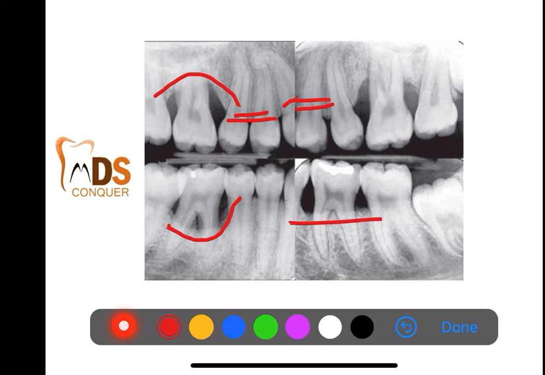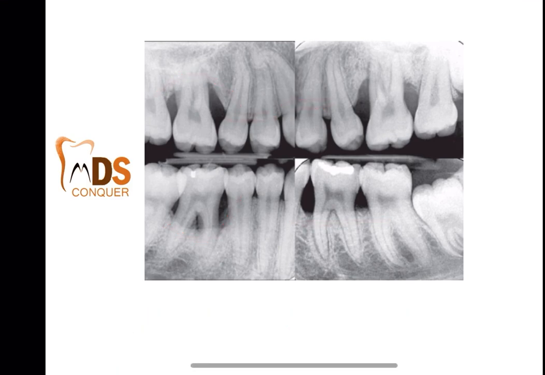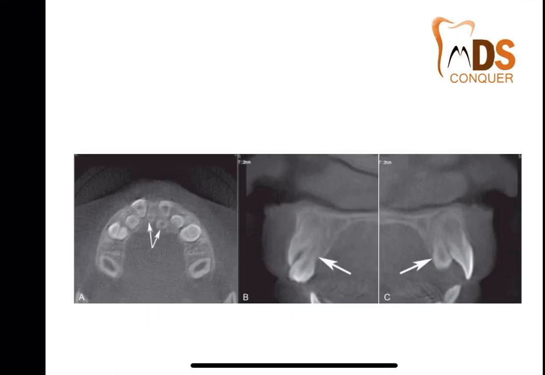Of course, the clinical scenario should say that the patient is of young age, but if you just see the radiograph, all 4 molars are involved, which clearly says that it is aggressive periodontitis. The bone loss is clearly depicted in the molars, so that goes in favor of aggressive periodontitis.